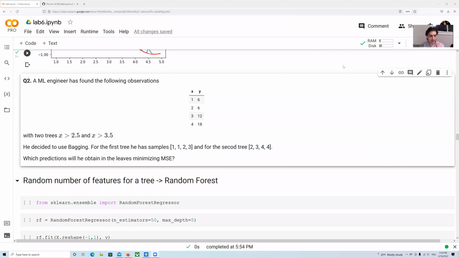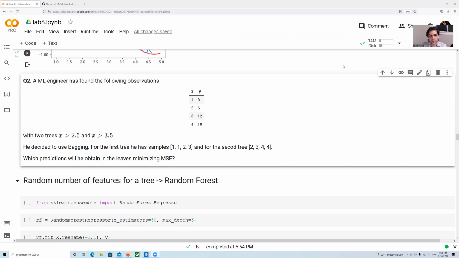So we said that this Bootstrap approach helps us to make the predictions more independent. There is one more option to make the predictions independent: to use not all the features for training, but only some features for training.